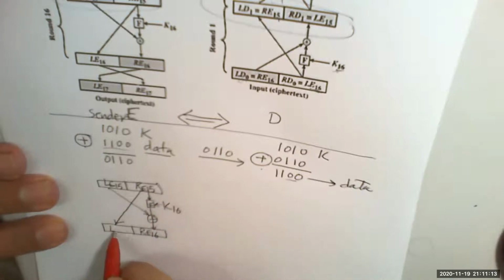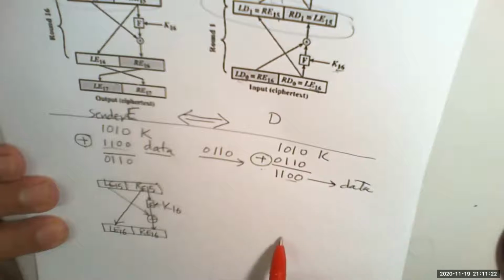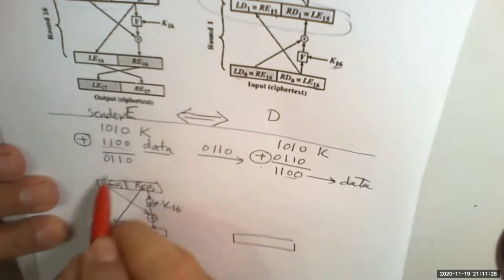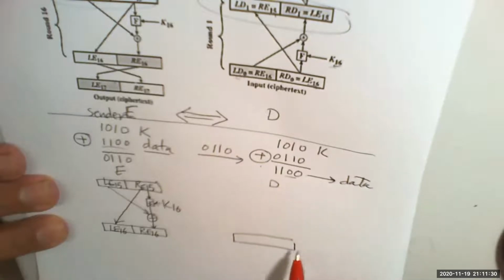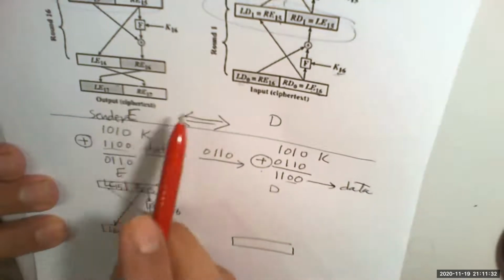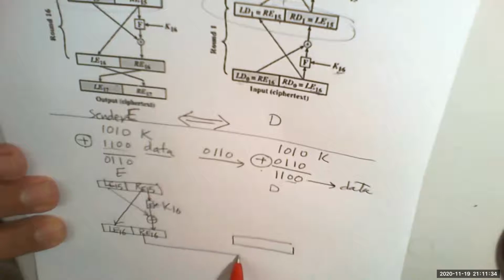So this is LE16, sorry. Now I have my structure, and this swap means this is encryption. In the decryption, I do the same thing. Here I move, this means this one will come here.